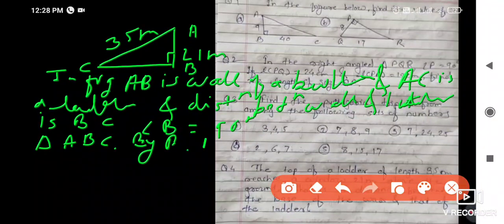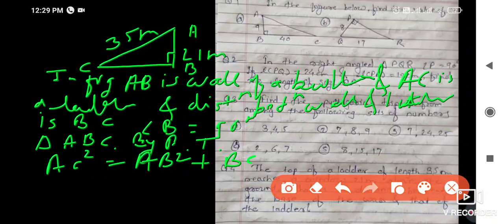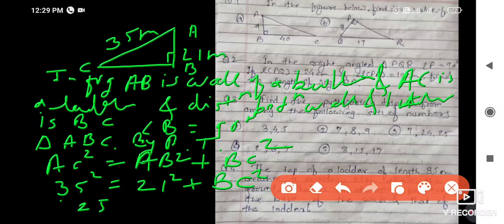So in triangle ABC, by the Pythagoras theorem, AC square is equal to AB square plus BC square. Here AC square is 35 square, AB square is 21 square, and BC square we have to find out. Now 35 square is 1225, and 21 square is 441.